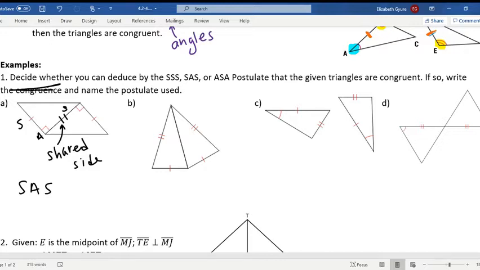This one is not, because you don't have two sets of congruent sides. But aren't there vertical angles here? Because vertical angles will be congruent. Oh, so it's angle, side, angle. Yeah, because of this one.